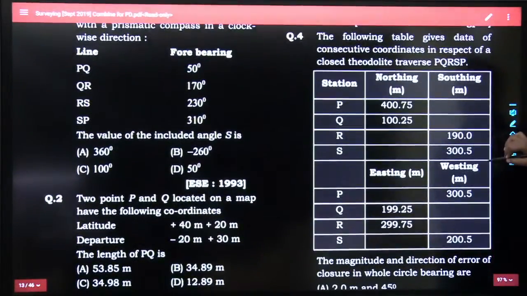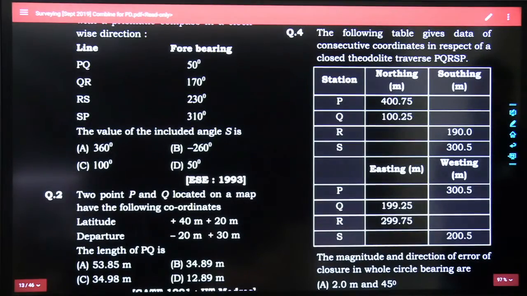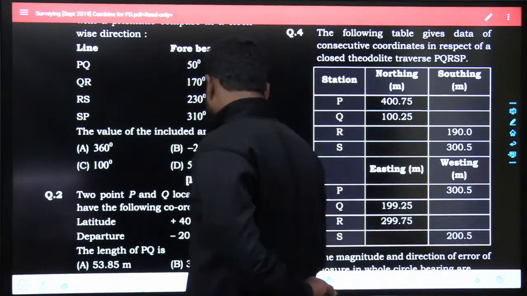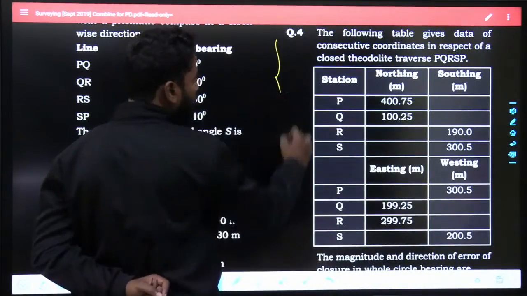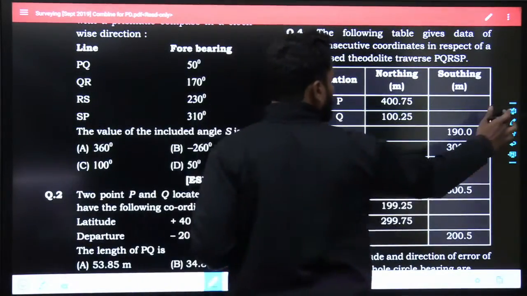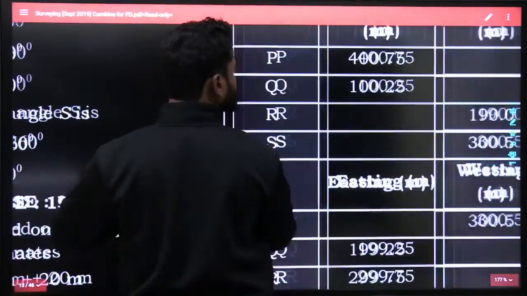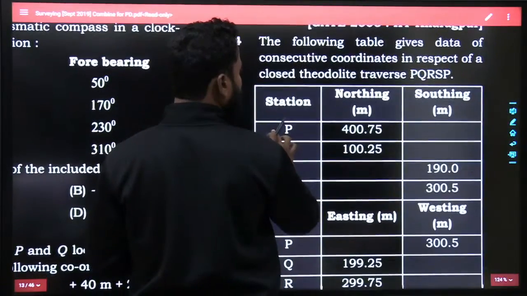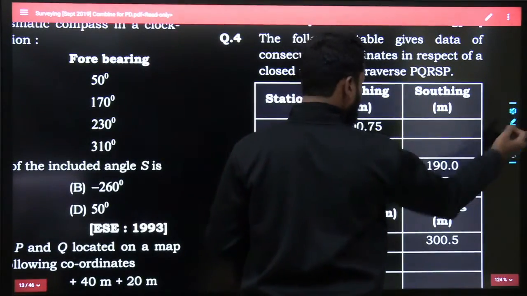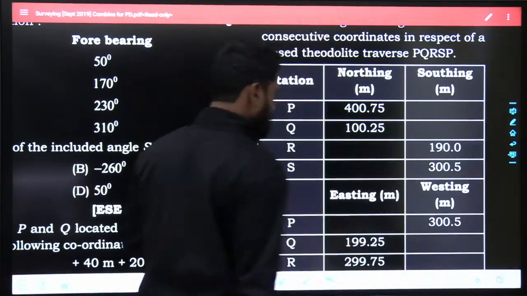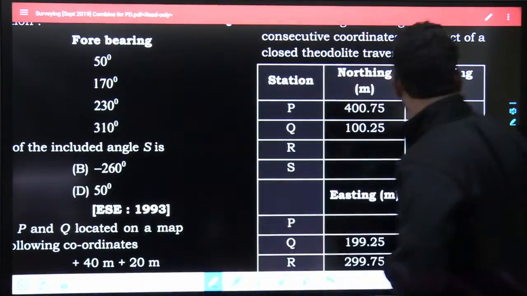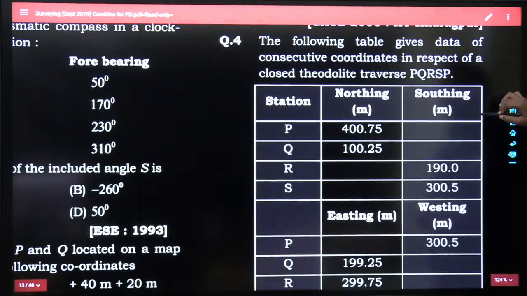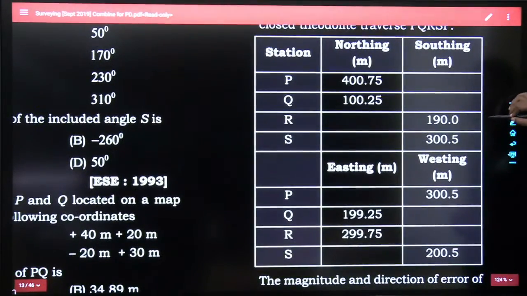Question number 4. The following table gives the data of consecutive coordinates in respect of a closed theodolite traverse PQRSP.